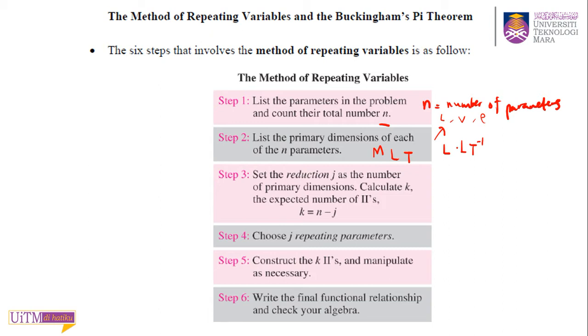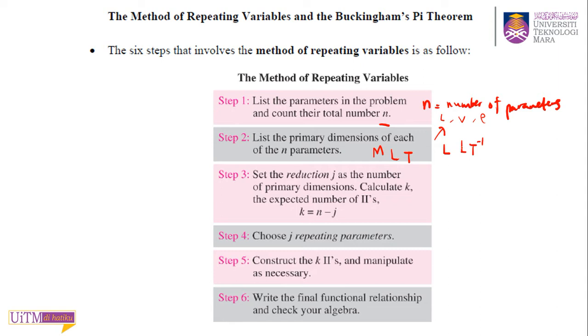The third step, we set the reduction j as the number of primary dimensions. In the second step, when you list the primary dimensions, you count how many primary dimensions there are in all these parameters.